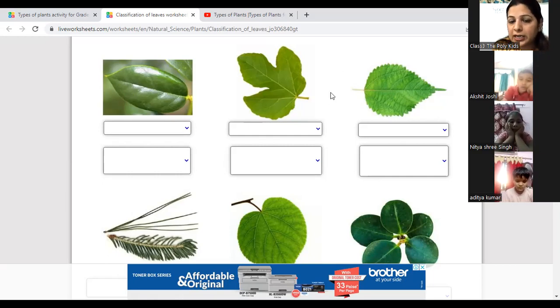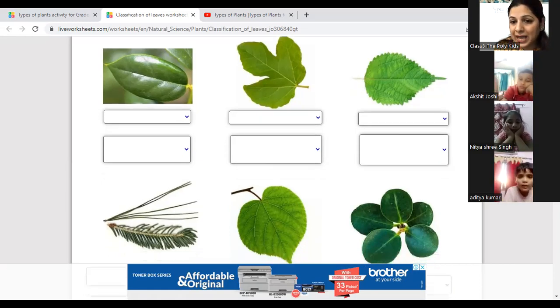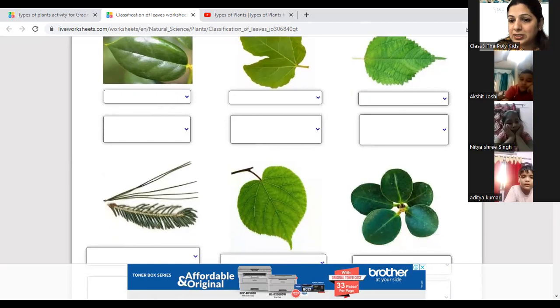The first 3 leaves have completely different shapes. Even the texture, that is, we were talking about softness or roughness, is also different. Then we talk about the size also. Some are big in size and some are very small.